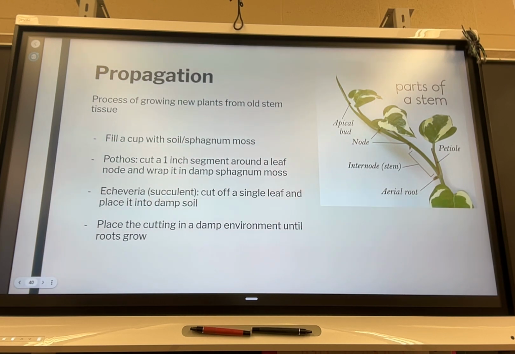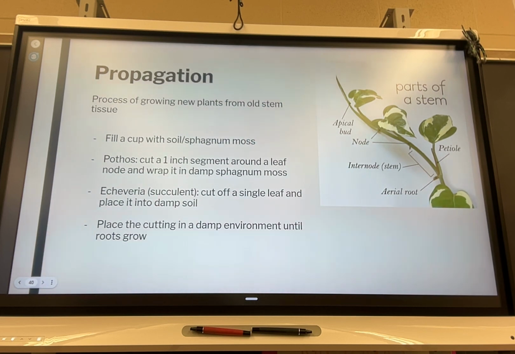We have a golden pothos, Epipremnum aureum. We have a Baltic blue pothos, Epipremnum pinnatum Baltic Blue. And we have, I believe, Echeveria Dark Night, I think is the name of it. We are going to be producing babies from these plants just by using leaves.